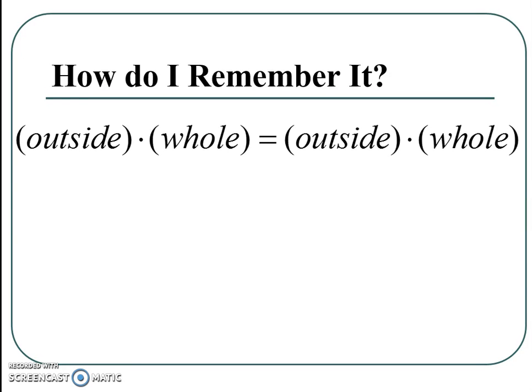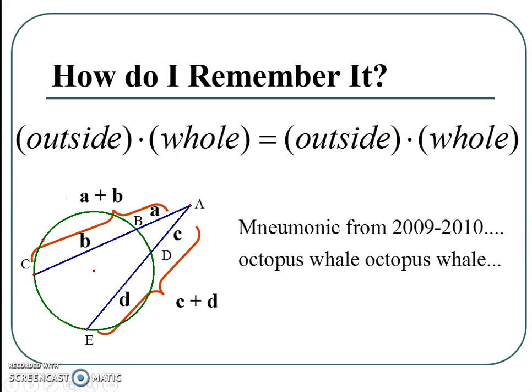How do I remember it? Outside times whole equals outside times whole. When you have two secants like this, you do outside times whole. This is A, that's the outside of the circle, times the whole equals outside times the whole.